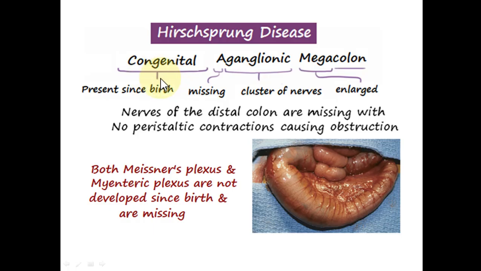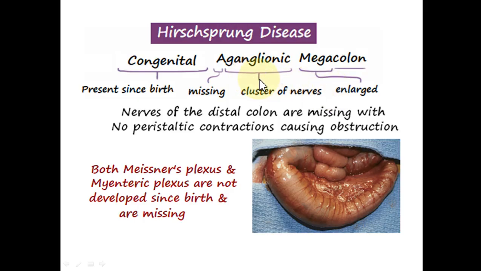When a baby is born, the baby has missing Meissner and Auerbach plexus in the distal colon and rectum, and this absence of the Meissner and Auerbach plexus is presented by the name aganglionic, missing clusters of nerves, missing ganglia.